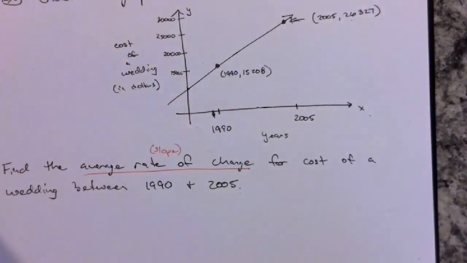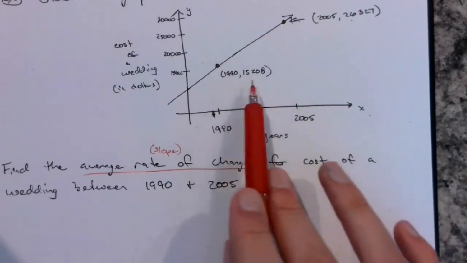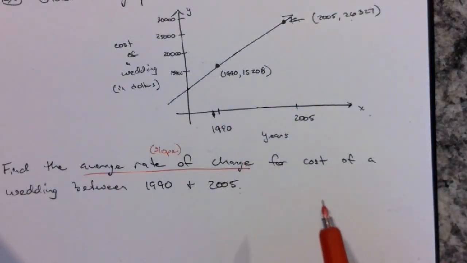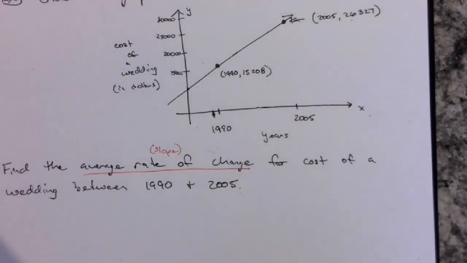Now, when I'm looking for the slope between 2 points, I could have just told you in words. The cost of a wedding in 1990 was $15,208. In 2005, the cost of a wedding was $26,327. Find the average rate of change for cost of a wedding between 1990 and 2005. That's the same question, right? I just didn't write it all in words. So to find the slope here, how does it work? Change in y over change in x.